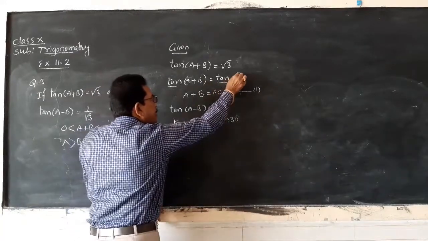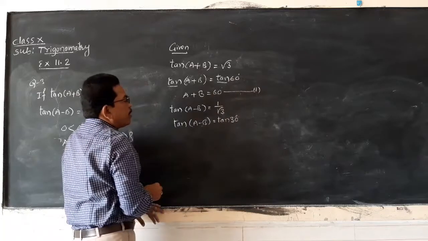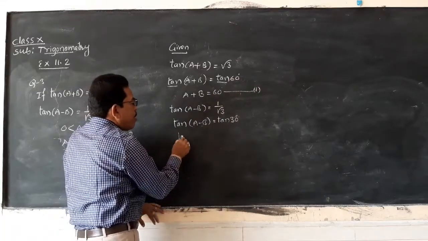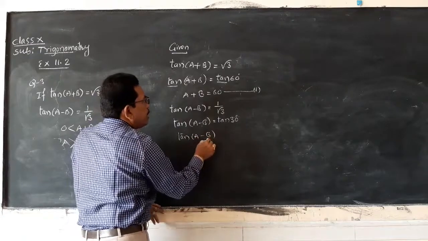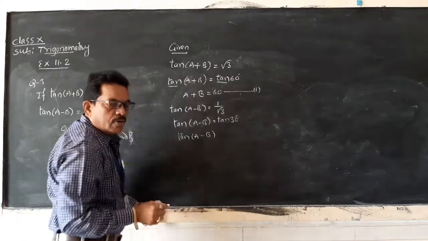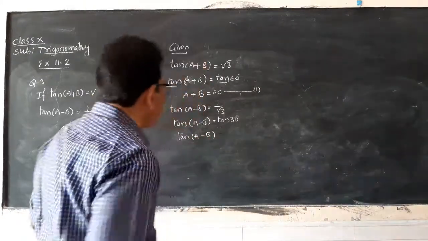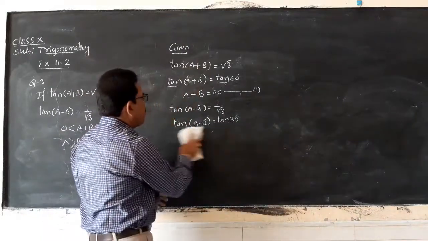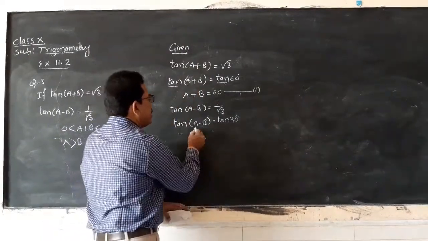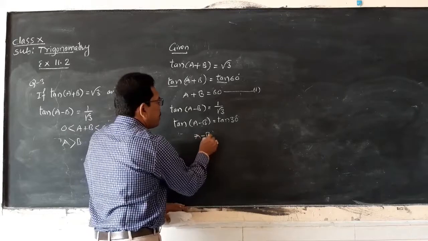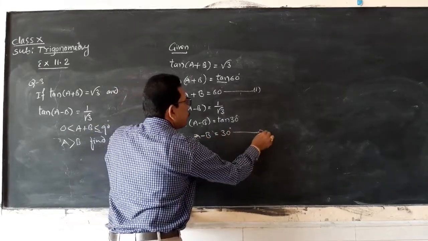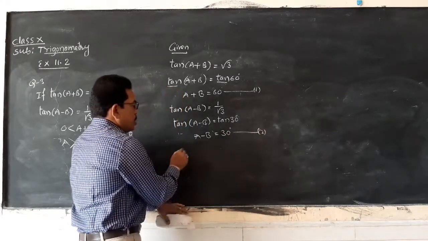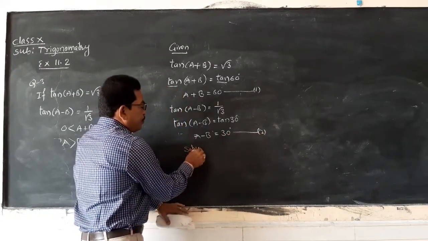Once again we write tan of a minus b is equal to tan 30. Now equating, a minus b equals 30. Second one. Solving 1 and 2.